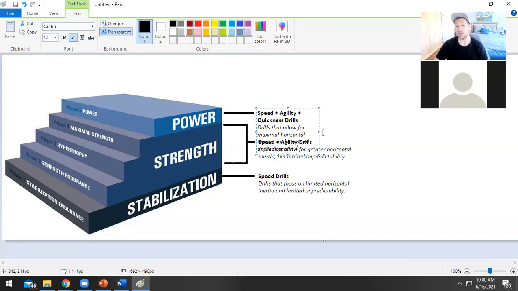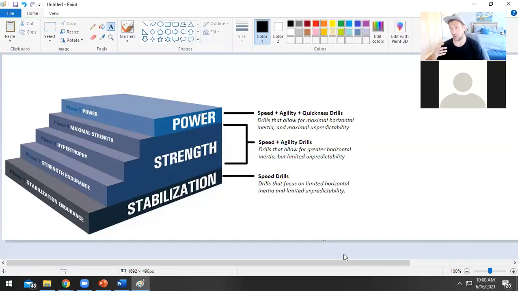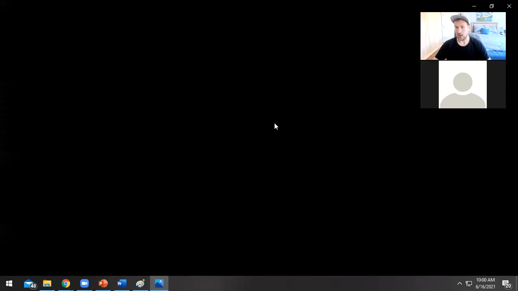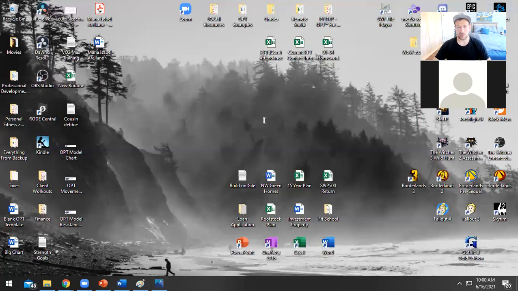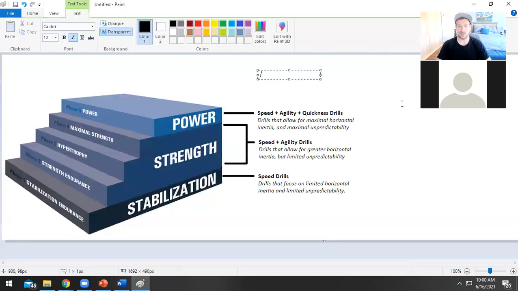We're still doing a speed component here, but now we are allowing for some horizontal movement and we are allowing for unpredictability, right? So that is our speed, agility, and quickness training.